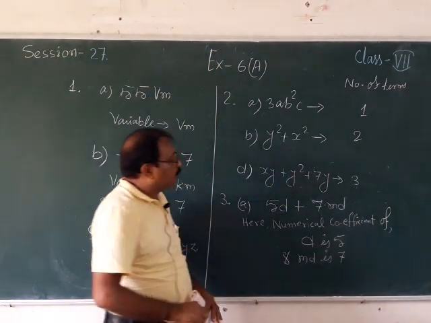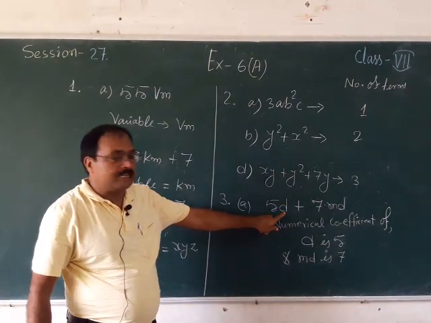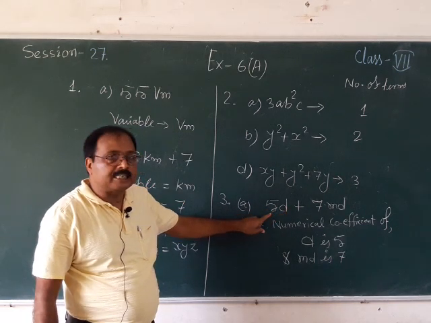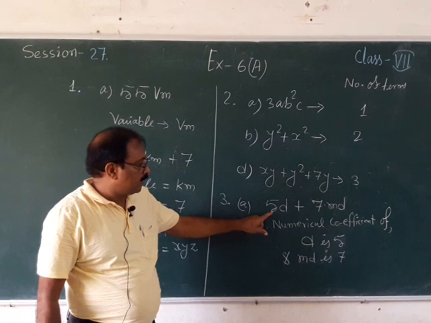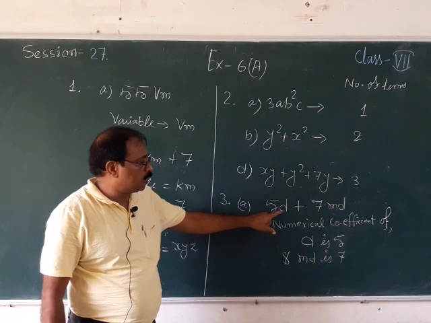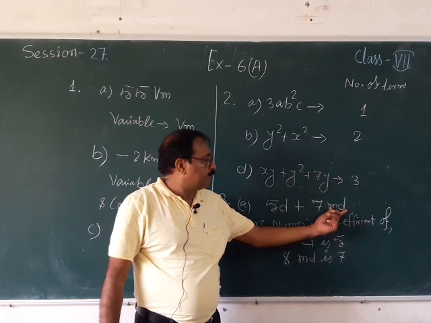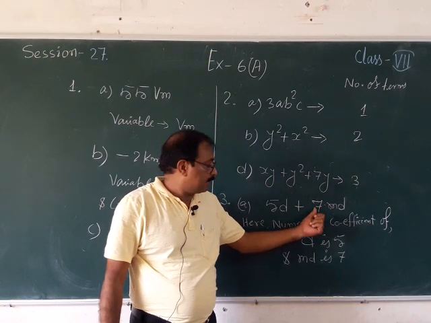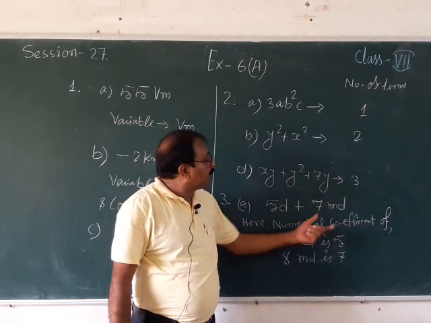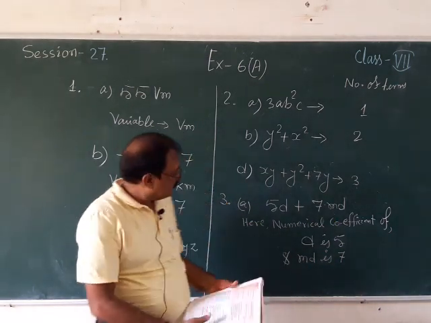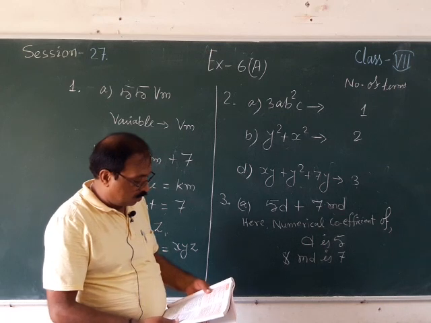Before the variable d, what number is written? 5. That means 5 is the numerical coefficient of d. Here the variable is md, and before the variable which number is written? 7. That means the numerical coefficient of md is 7. Like that you can write your answer for question number 3a.